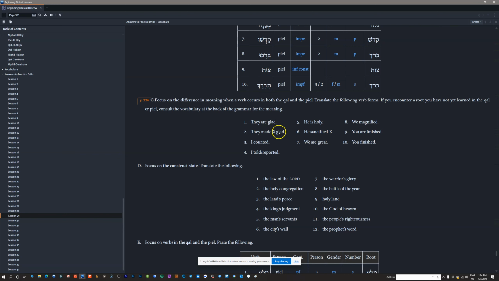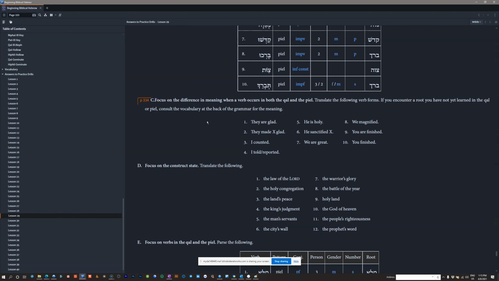Now this might get a little bit confusing because later on we'll learn the hifil, and the hifil also has a causative effect, but it does that not on stative verbs, but on action verbs. So both the PL and the hifil can have a causative effect. They made someone glad. The hifil does that for action verbs like eat.